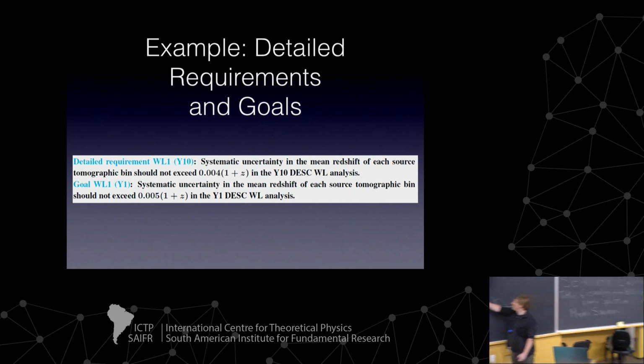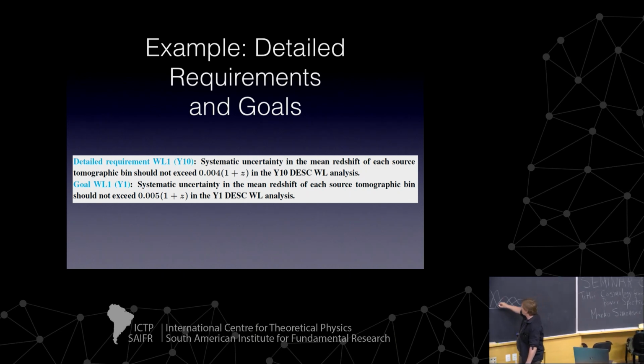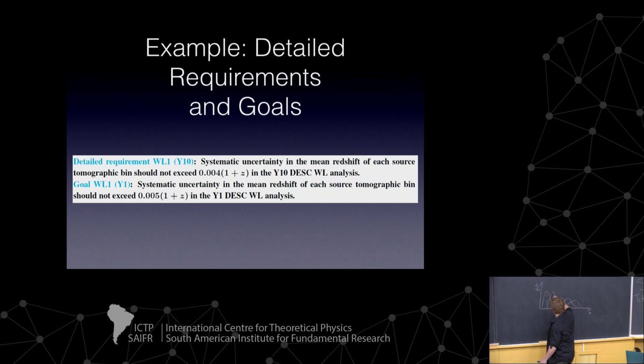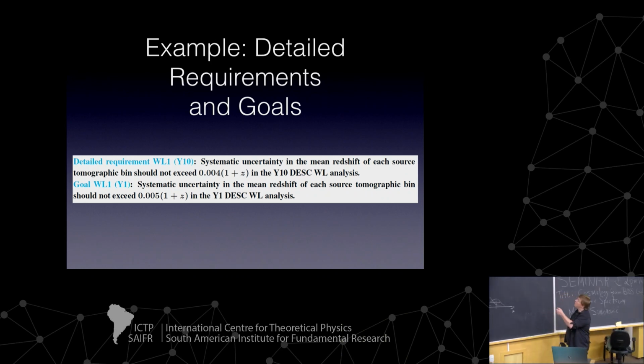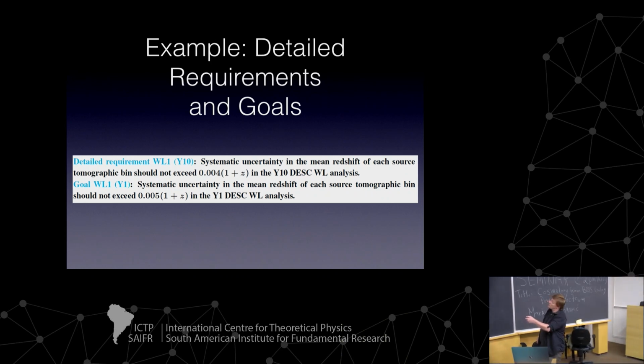We have separated this into many tomographic bins, and you characterize each and every one of these tomographic bins with the mean and the spread. Then you can say the uncertainty in the mean redshift of each source tomographic bin should not exceed this number.